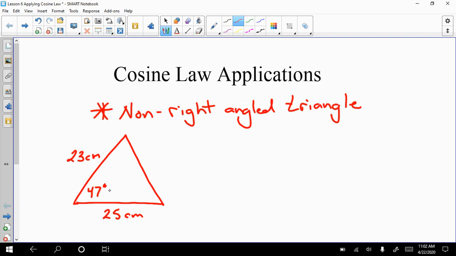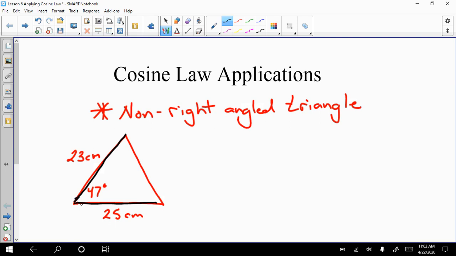In order to get anything else in this triangle, you'd have to use cosine law because you are given two sides and a contained angle. So look at this. You're given this side, you're given this side, and you're given the angle between them.